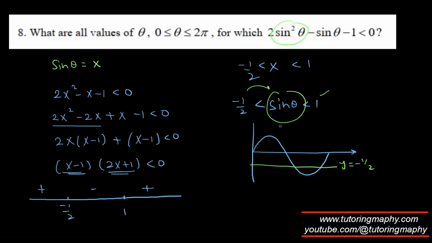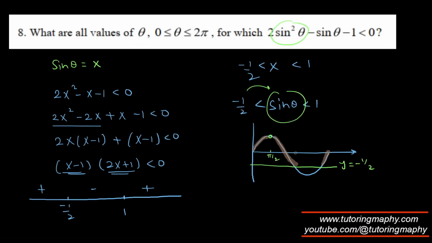But 1 is not allowed, which means this portion is not allowed. And this happens at pi over 2, of course. So that's fine. We'll exclude pi over 2 from our answer. But this is our answer. Okay. When is sine negative 1 over 2?